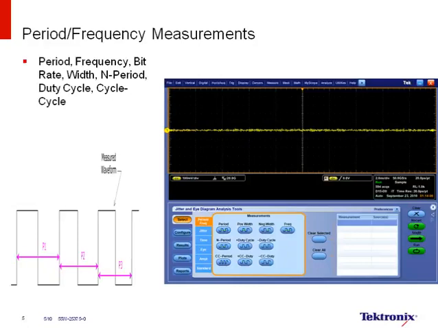So, in that example, in addition to making a peak-to-peak measurement, you might want to understand what the average frequency is, and in conjunction with that average, what the standard deviation of that jitter is. With the knowledge of the average and the standard deviation, you can predict or estimate what the worst case jitter might be.